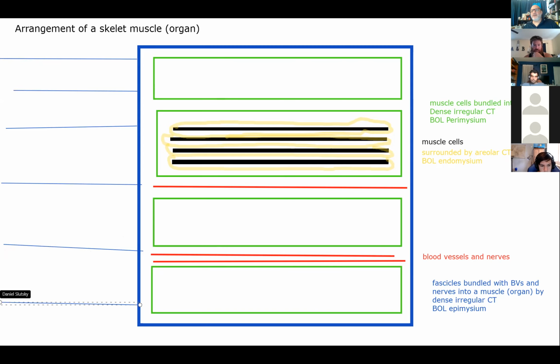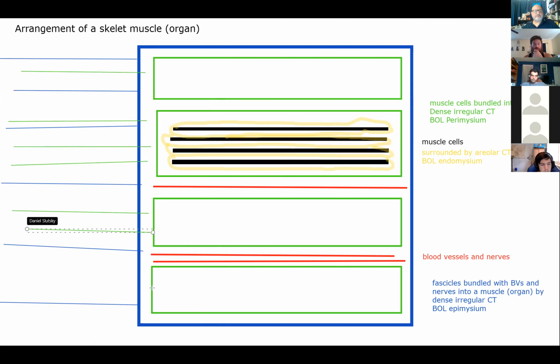The collagen fibers of the dense irregular connective tissues forming the perimysiums will extend out beyond the muscle cells. And even some of the collagen fibers from the areolar connective tissues that are forming the endomysiums wrapping around individual muscle cells will all extend out beyond the length of the muscle cells as well.